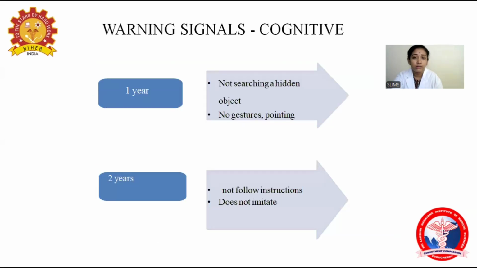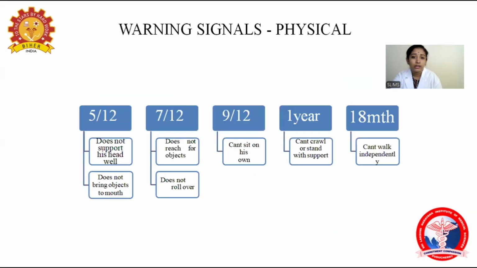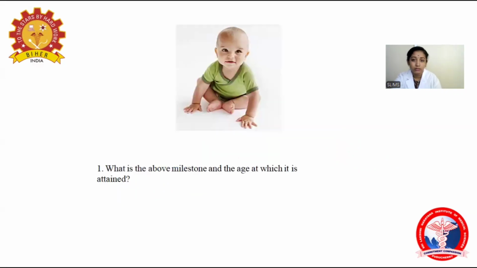We have to remember the warning signs in each of the developmental domains. In the physical domain: head control not attained, does not bring objects to mouth, does not reach for objects, does not roll over at 7 months. At 9 months, the child can't sit on his own. At 1 year, the child can't crawl or stand with support. At 18 months, the child can't walk independently.